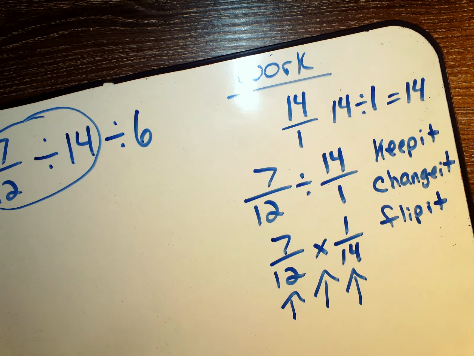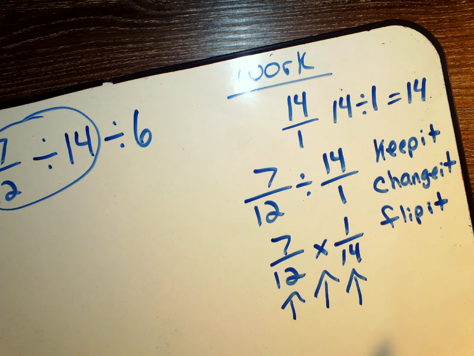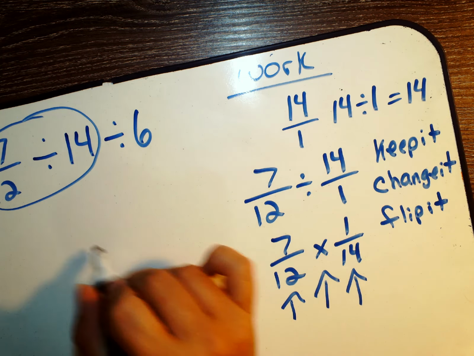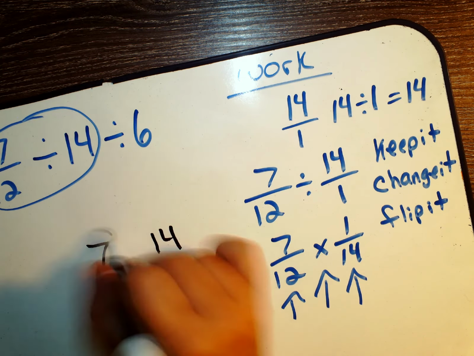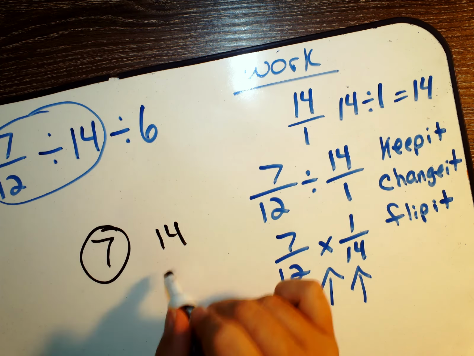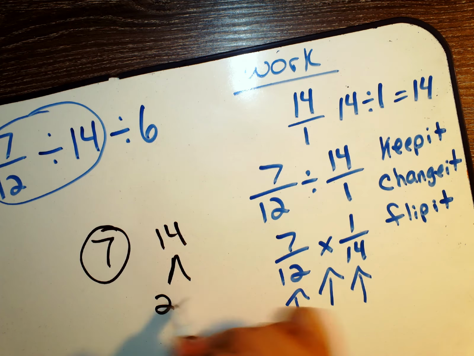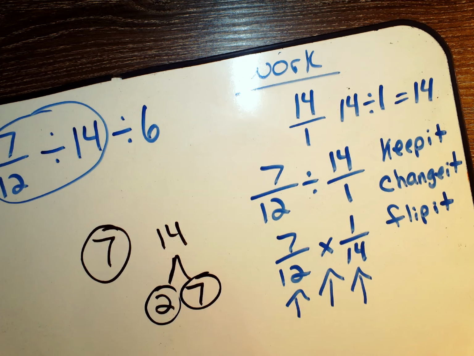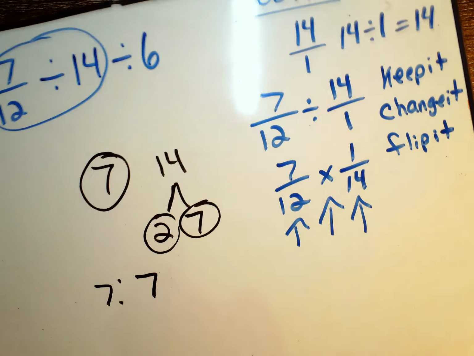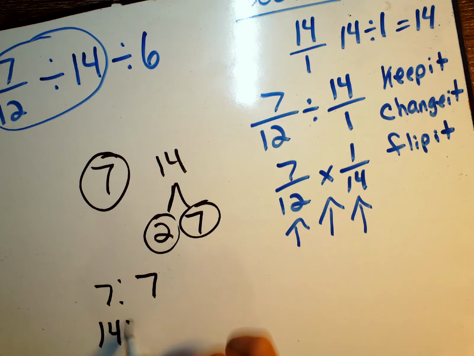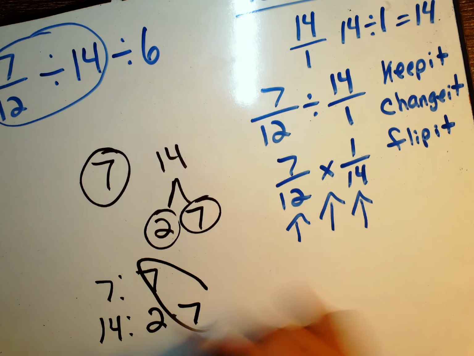And what you're doing is you're really looking for that greatest common factor. So if you're not sure how to do that, remember our little trick with finding the prime factorization. So 7's already prime. 14 is 2 times 7, and this is prime and this is prime. So if we write these out, here's 7. And then for 14, it's 2 times 7. And our greatest common factor is our pairs.